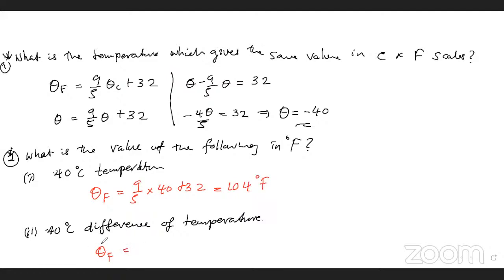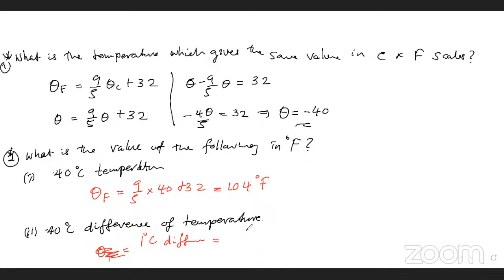Here, that's a 40 Celsius difference they are asking now, right? So you can see that a 1 Celsius difference equals, in Fahrenheit, because Celsius is divided into 100 divisions from 0 to 100, but in Fahrenheit the same range is divided into 180 divisions.